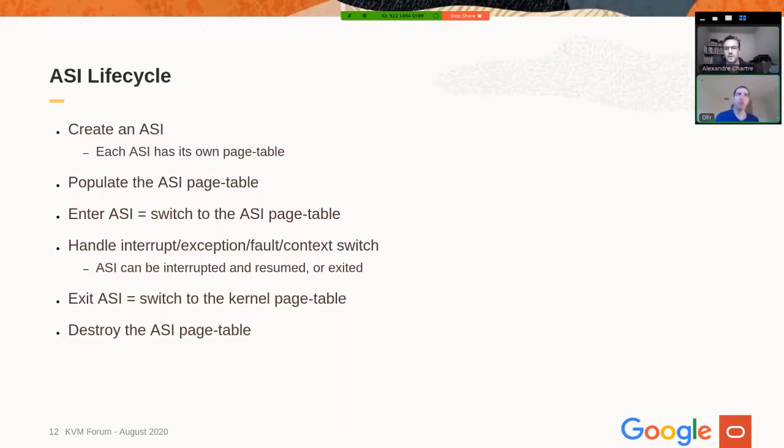Once we are all done and we don't need ASI anymore, we exit the ASI and switch back to the kernel page table. Once we are completely done with the ASI, we can destroy the ASI and the page table. So that's a fairly simple use: you have a page table, use that page table, and when you are done, you exit.